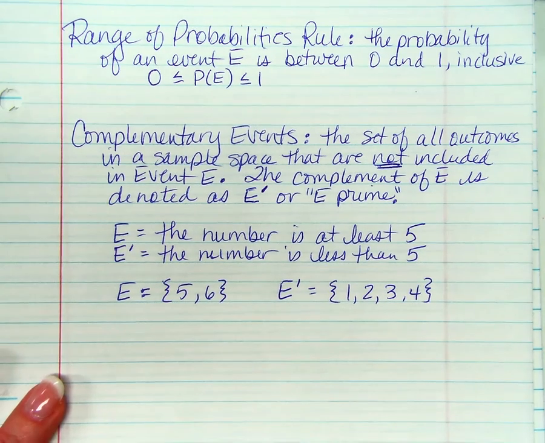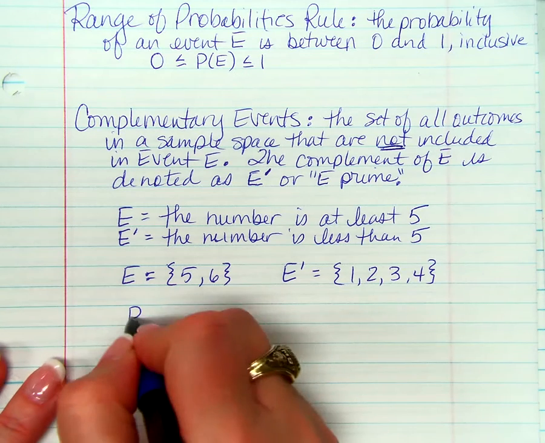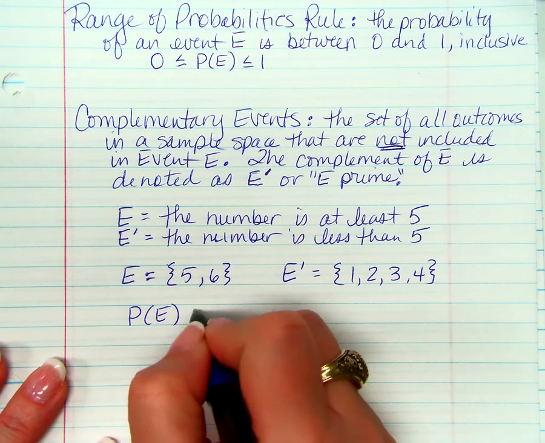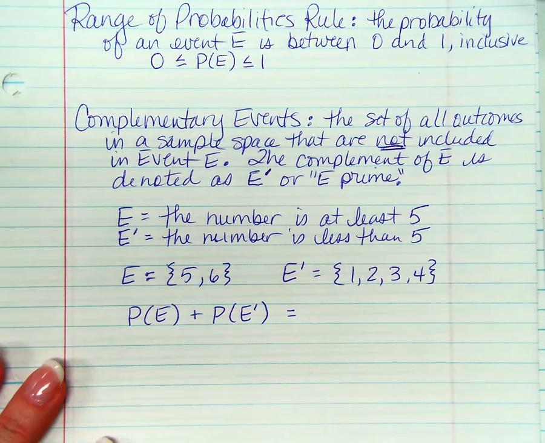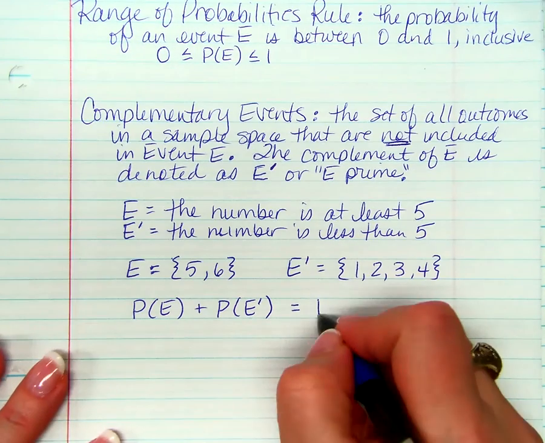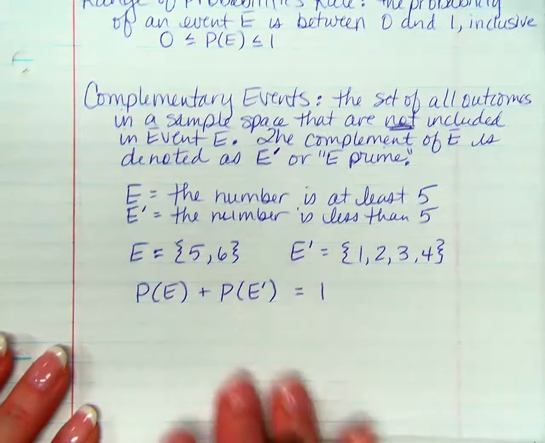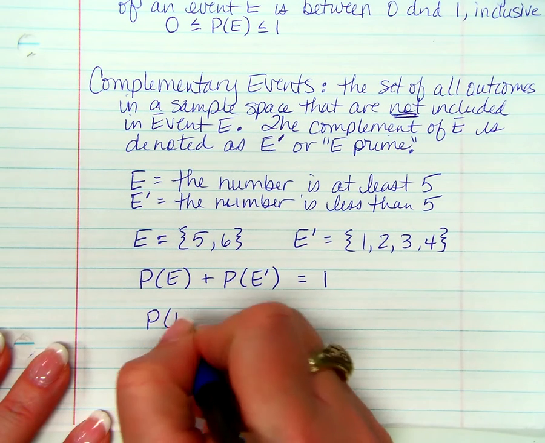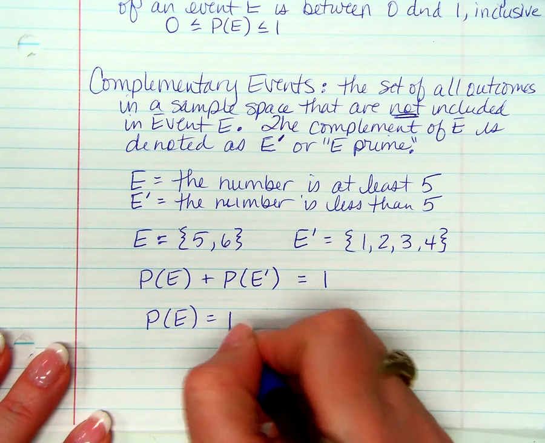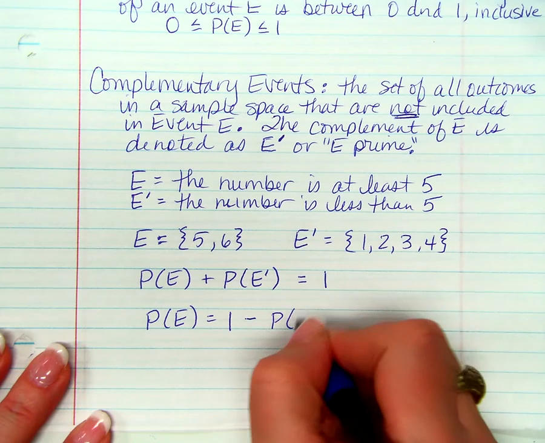Does that make sense? Okay. What if I take the probability of E and add it to the probability of E complement or E prime? What should I get? Yeah. So the nice thing about that then is if I'm just trying to find the probability of an event, couldn't I take 1 and subtract the probability of its complement?